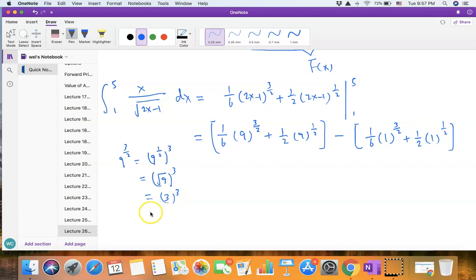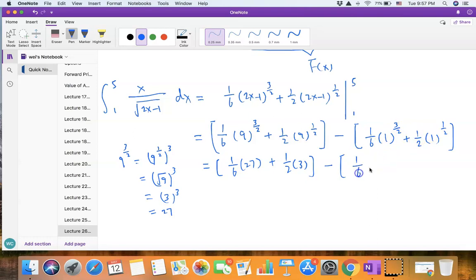So 3 to the power of 3, that is 27. So 9 to the power of 3 over 2 is 27. And 9 to the power of 1 over 2, we see here is 3. The square root of 9 is 3. And 1 raised to anything equals 1.